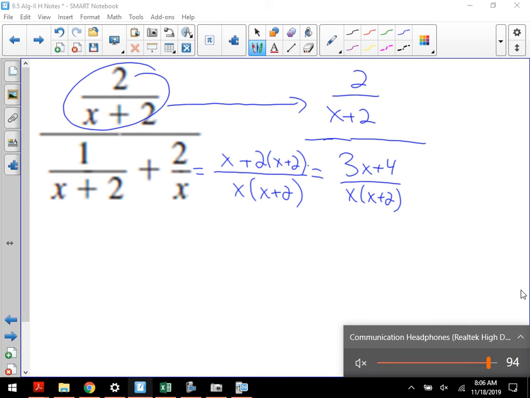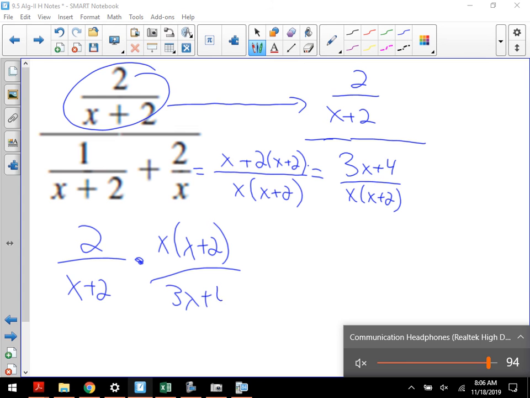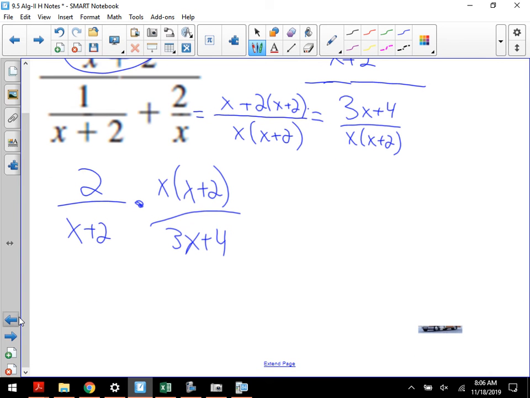So you wind up with your 2 over the x plus 2 times x plus 2 over 3x plus 4. All right? I'm multiplying by that bottom's reciprocal, because that's the division stuff we did last week. And now you have a whole bunch of cancellation.